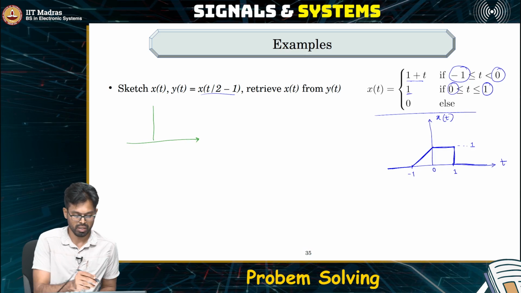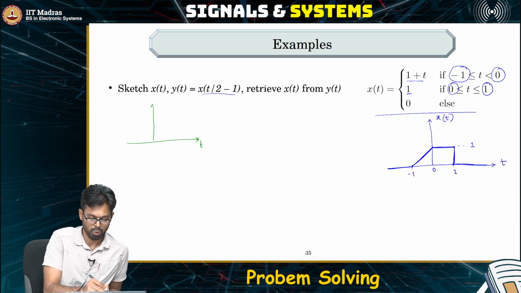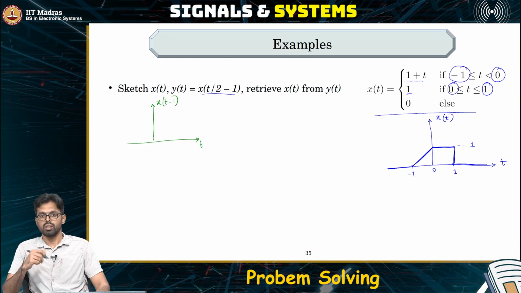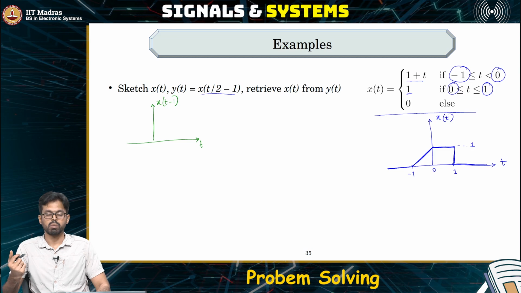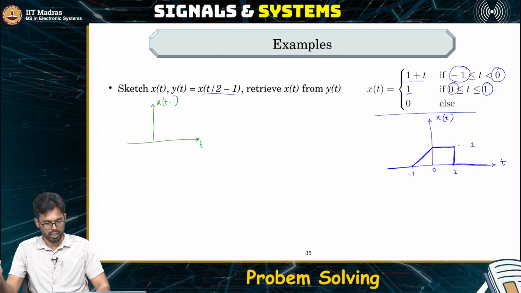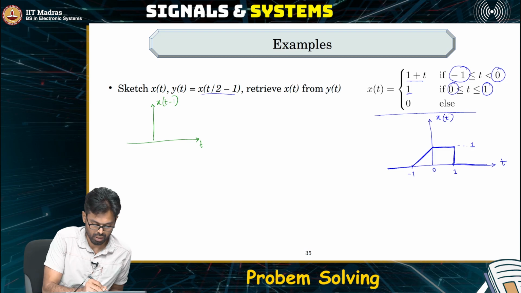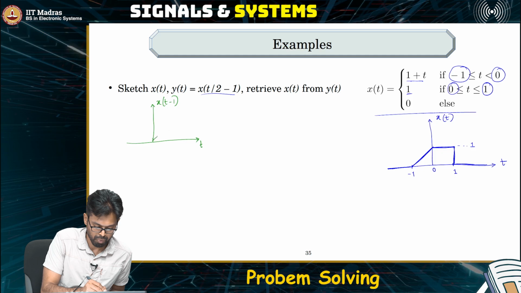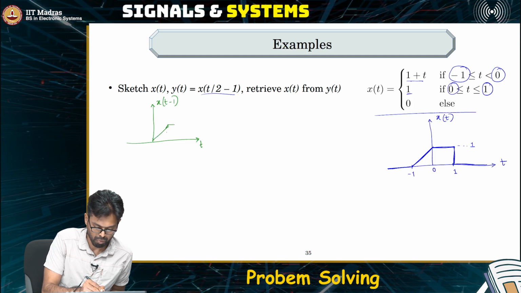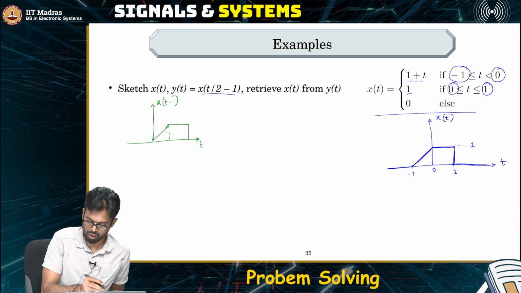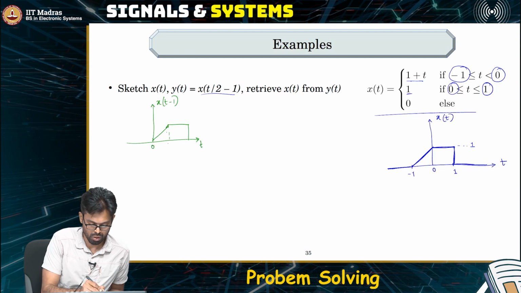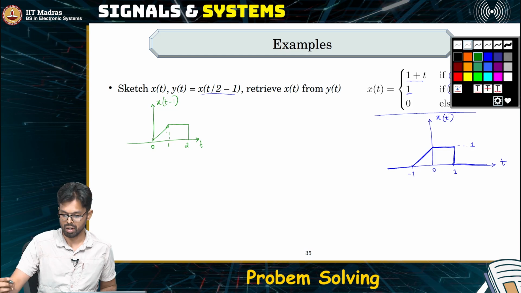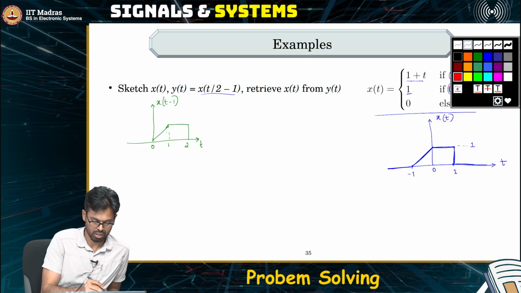So if we shift the signal by 1, x of t minus 1, we have the time intercept be -1, which means you have to move it to the right, and you have to move it by 1 time instant. So this is what we get: 0, 1, 2. Okay. And after this, you can just scale.